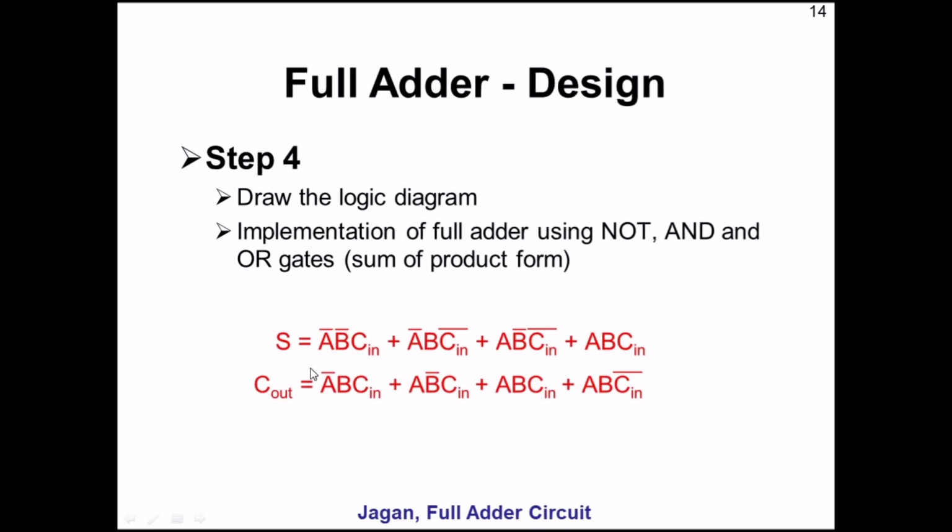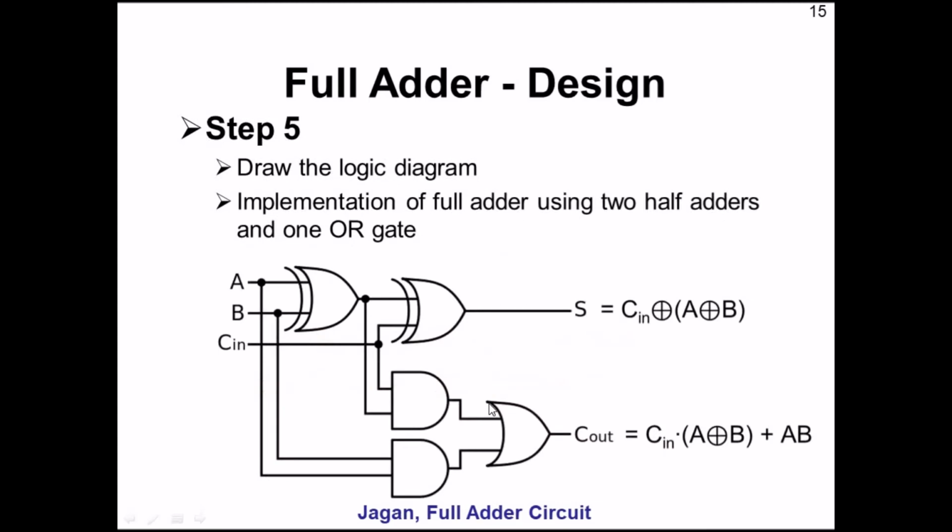S is equal to this, and C out is equal to this, and you are going to use NOT, AND and OR gates for implementing these expressions.